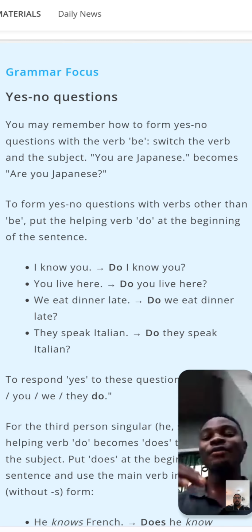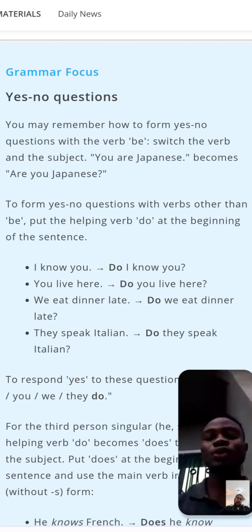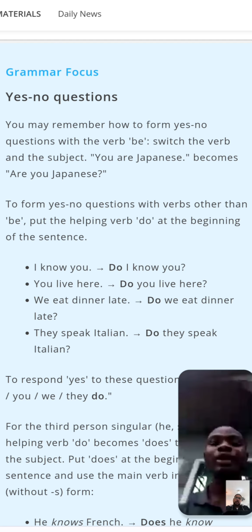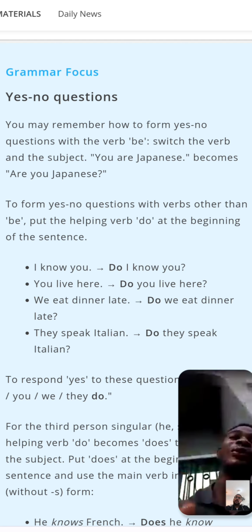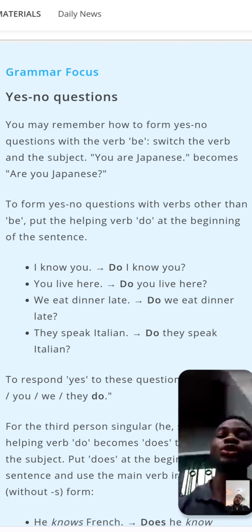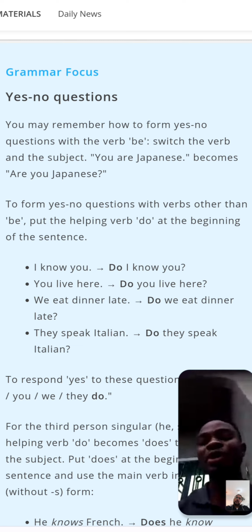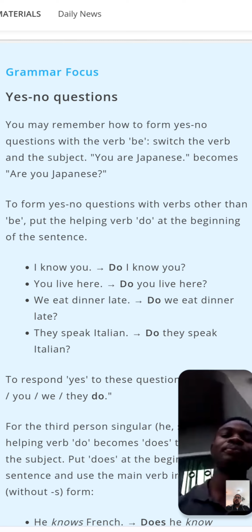And then we have the third type of questions, which we refer to as tag questions or question tags. We're going to look at all of that. But for now, our focus is on how to form yes-no questions in the simple present tense, okay? Good.